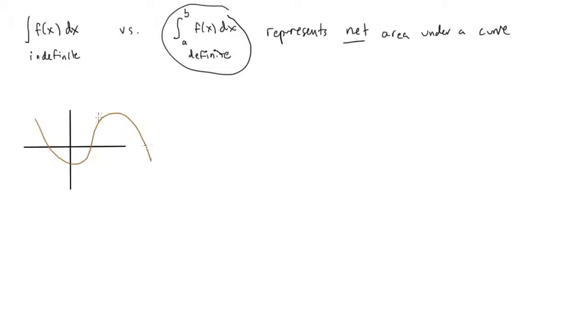Then let's consider this curve, and let's say that this point over here is A, and that this point over here is B. Then the area between the curve and the x-axis can be divided into two pieces. There's the stuff over here, which I'll put in blue, and then there's also the stuff over here, which I'll shade in red.